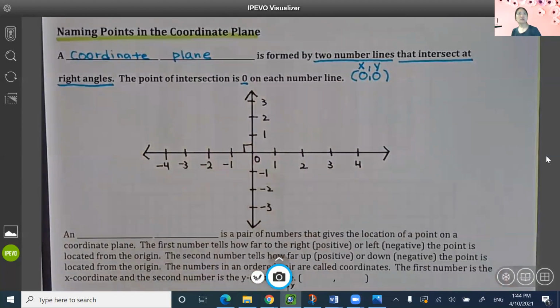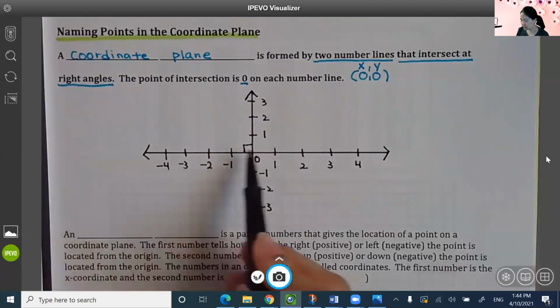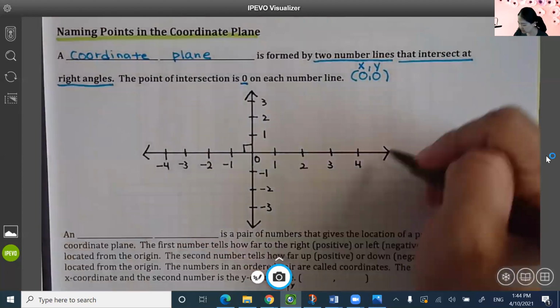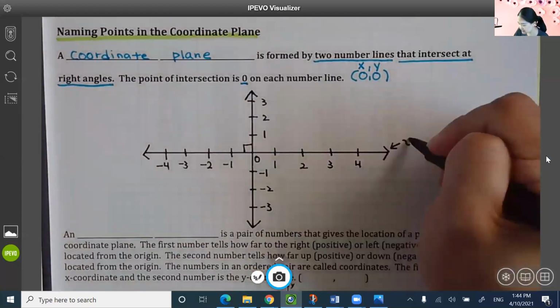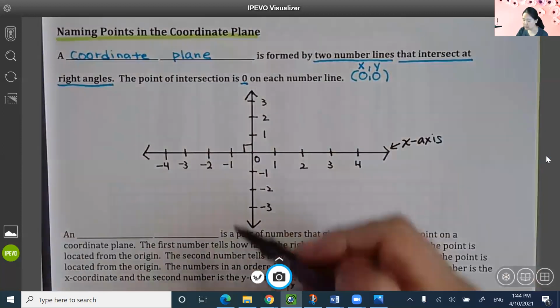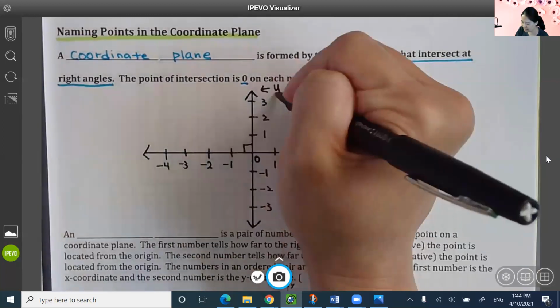All right, so let's talk about a few of these important facts about this coordinate plane. First of all, this number line that goes from left to right, this horizontal number line, is called the x-axis. And the number line that goes from top to bottom vertically is called the y-axis.